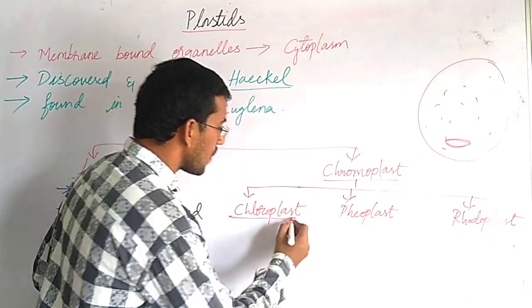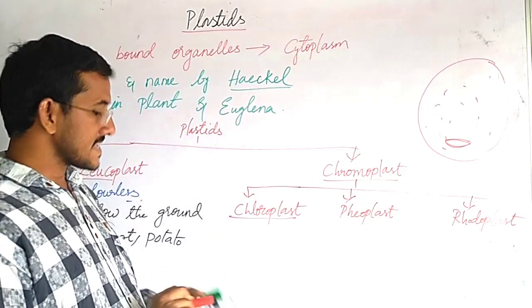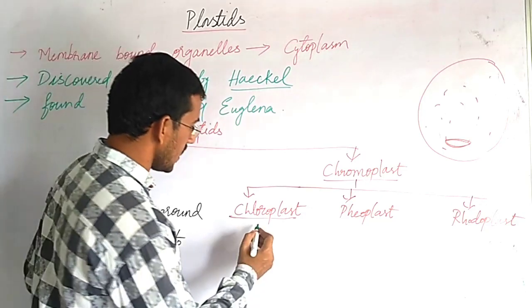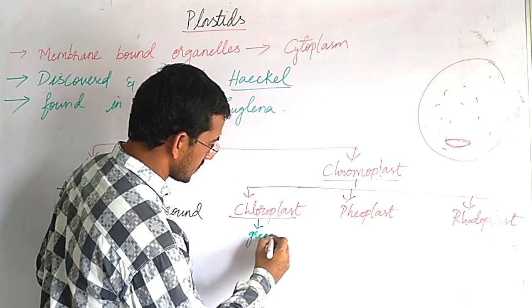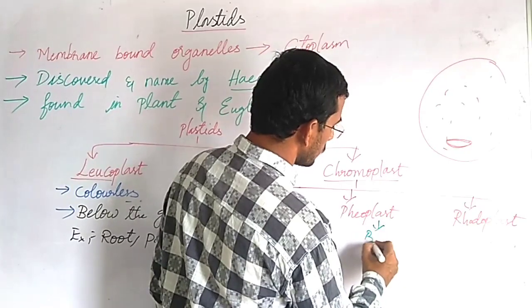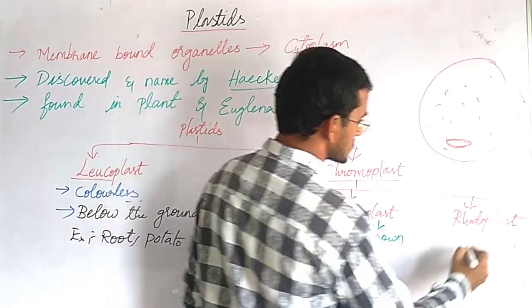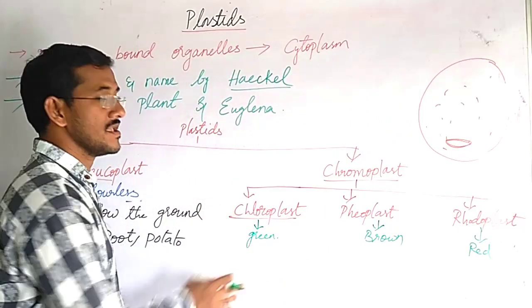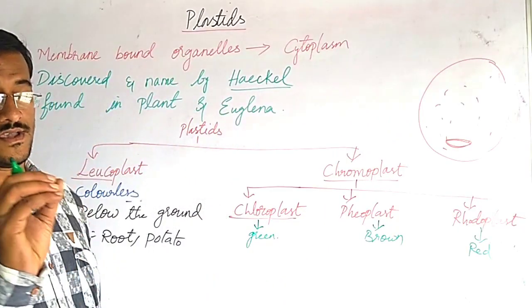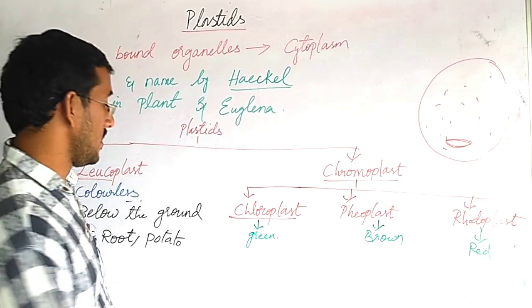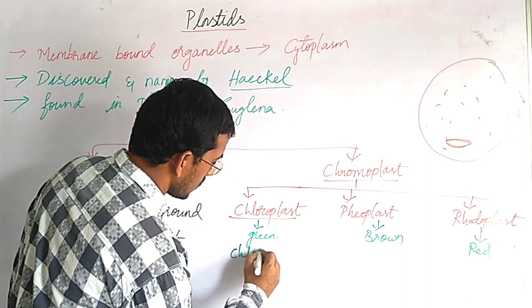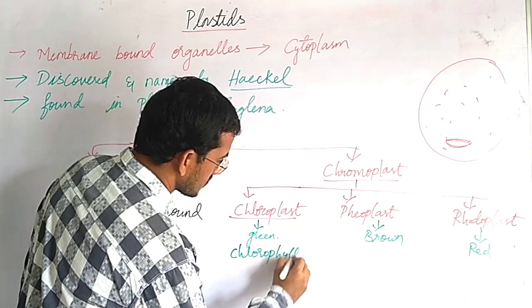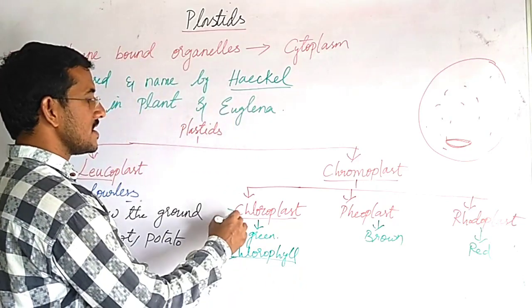So chloroplasts are green in color. These are brown in color. These are red. Why are they green in color? Because they have a pigment called chlorophyll. This is a pigment which is present in chloroplast.